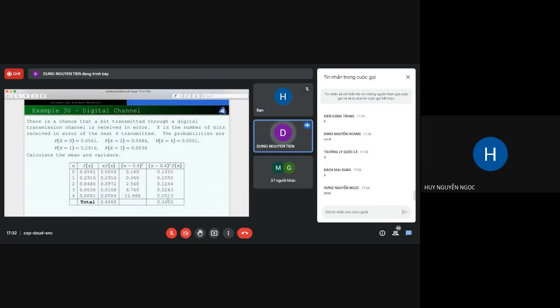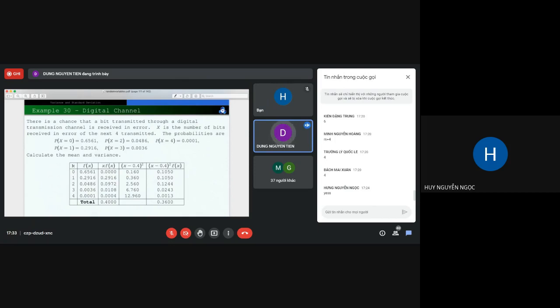Let's consider the following example. There is a chance that a bit transmitted through a digital transmission channel is received in error. X is the number of bits received in error of the next 4 transmitted bits. The probabilities are given below. Calculate the mean and the variance.